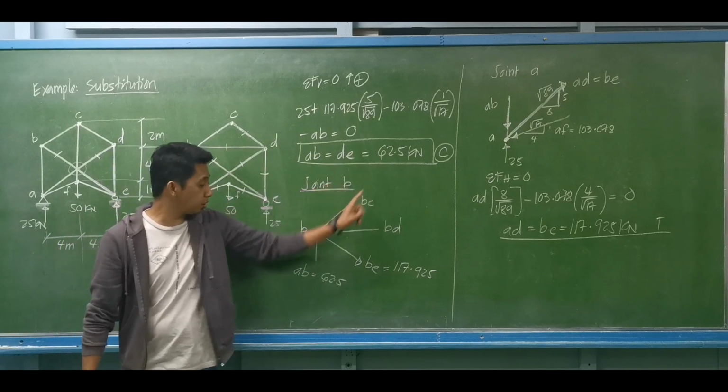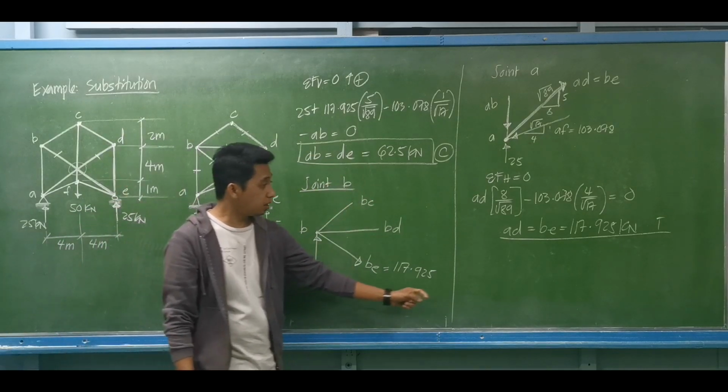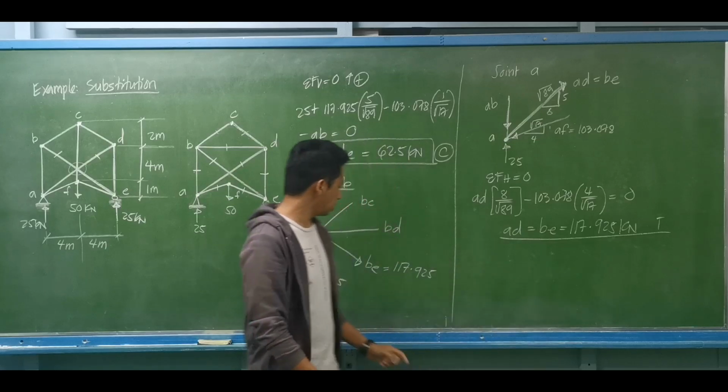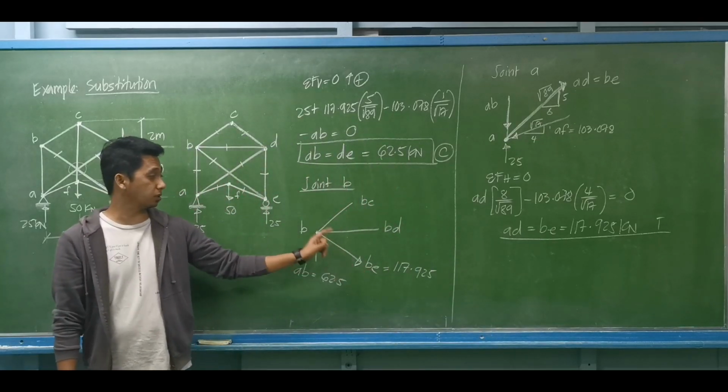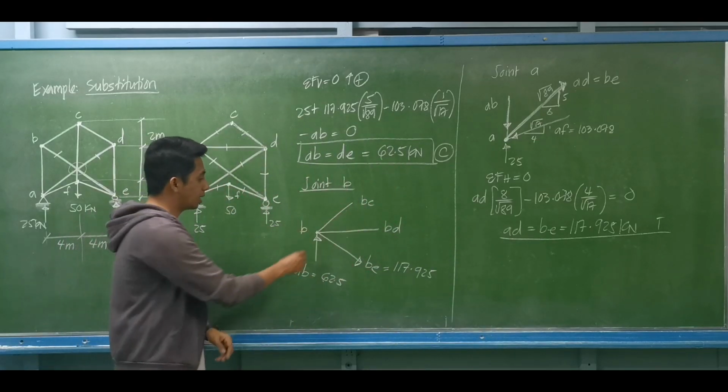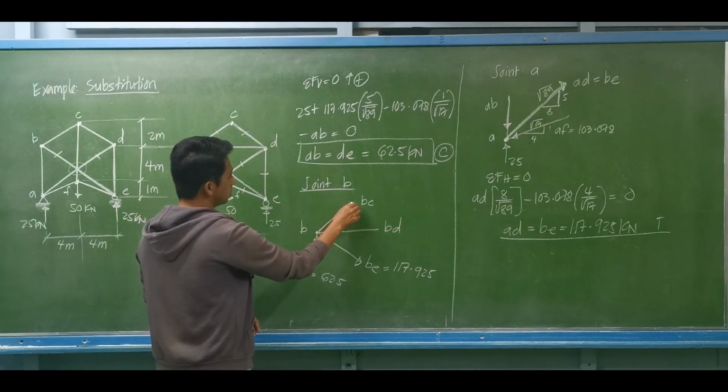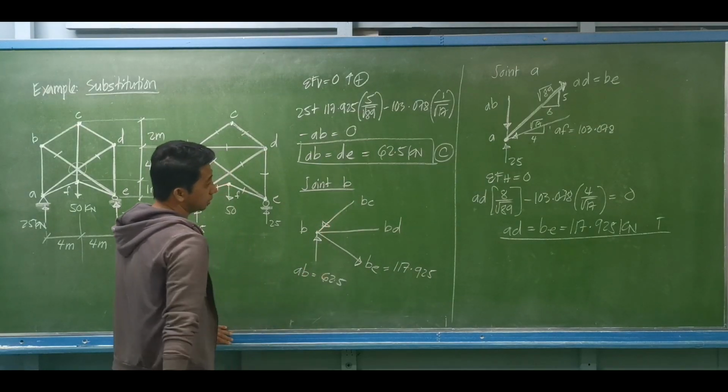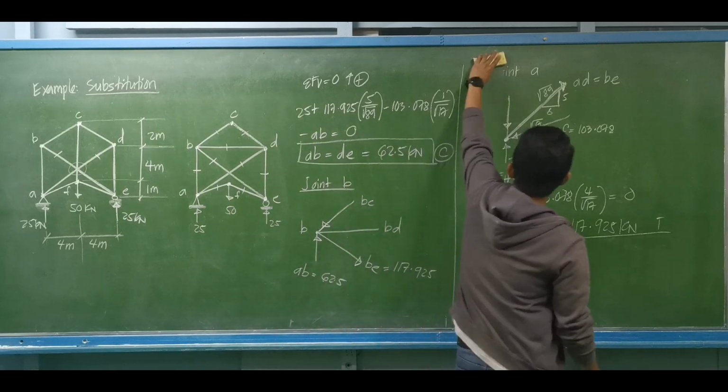AB is under compression, towards the joint. BE is under tension, so away from the joint. So we have BC. I will assume it as compression, so I assume it as downward. So we may compute for BC.